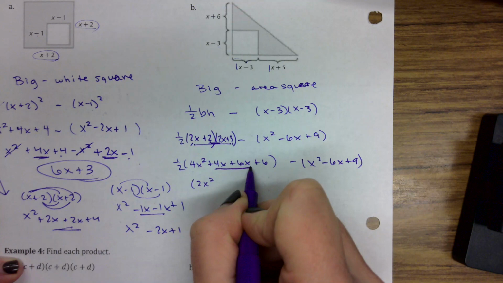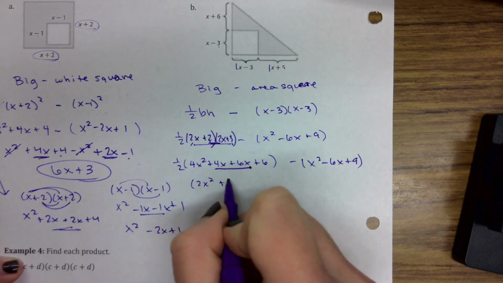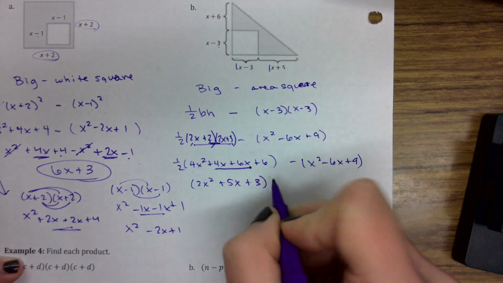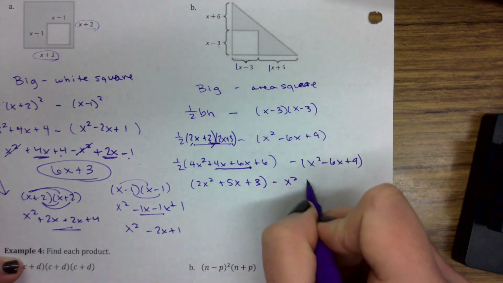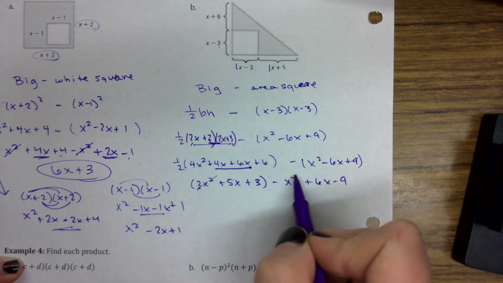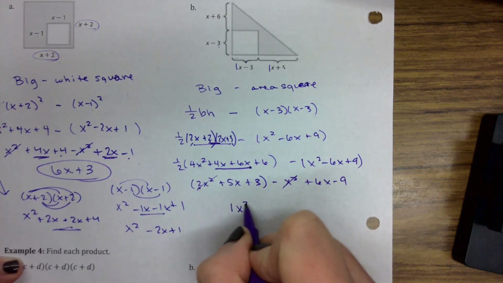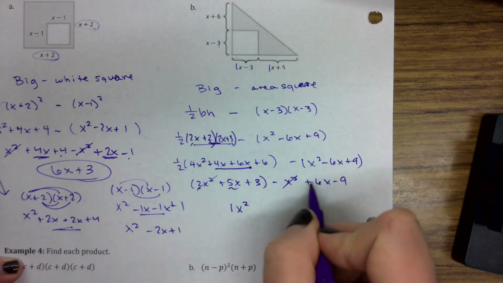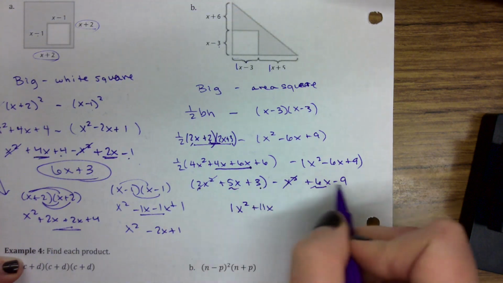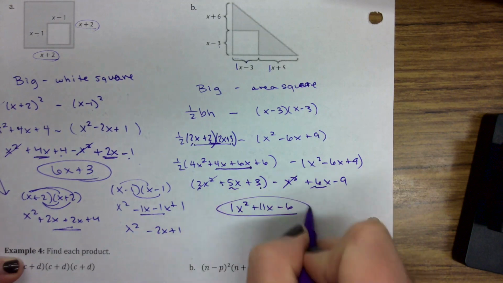Well, this is going to be 10x, so half of that is 5x. Plus half of 6 is 3. Subtract each term. So it's going to be 2x squared minus 1x. 5x minus 6x is 11x. 3 minus 9 is 6.